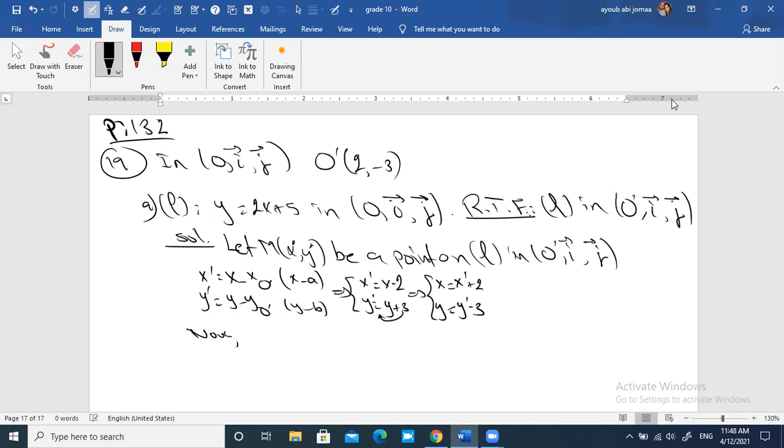Now we can replace x and y in y equals 2x plus 5. Replace y by its value: y prime minus 3 equals 2 times x prime plus 2, plus 5.